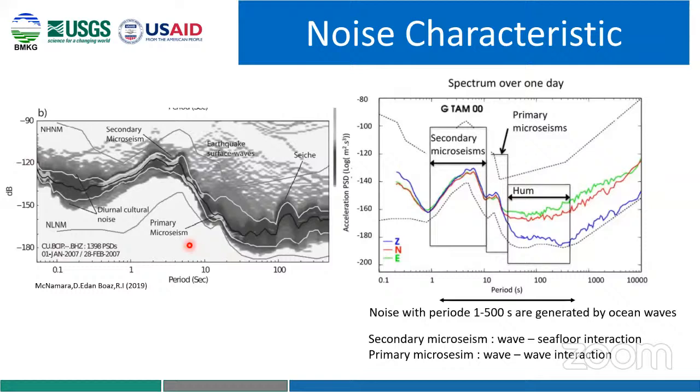The microseism itself has two types, secondary microseism and primary microseism. The secondary microseism is triggered by wave and seafloor interaction, while the primary microseism is generated by wave interaction.